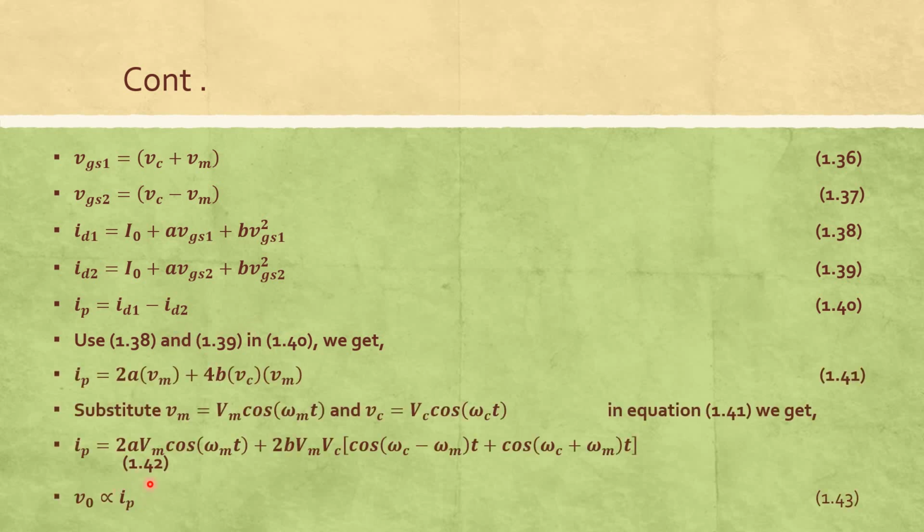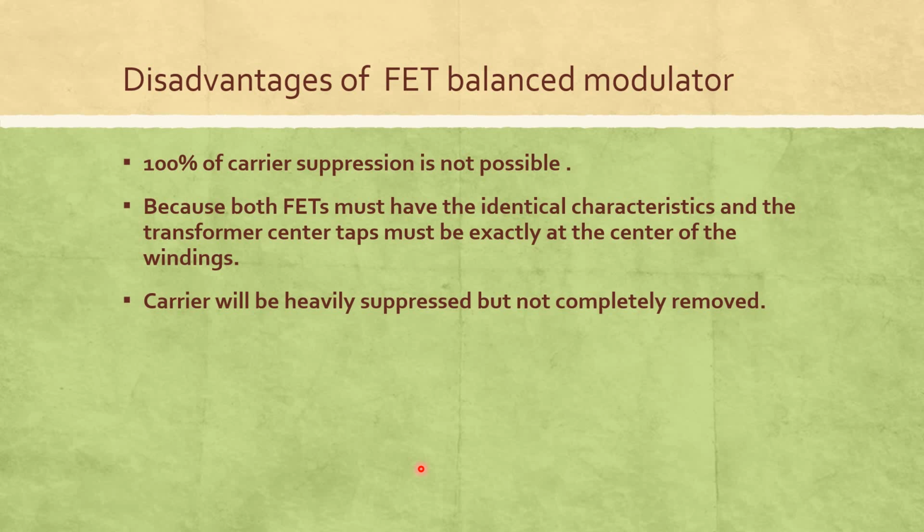In this final equation you can see, after substitution and simplification, the first component is omega_m, representing the message. The second component is omega_c minus omega_m, which represents the lower sideband. Omega_c plus omega_m is the upper sideband. So we need the upper sideband and also the lower sideband. The message signal is removed by using a filter after performing the modulation. Then the net output consists of the double sideband suppressed carrier signal.